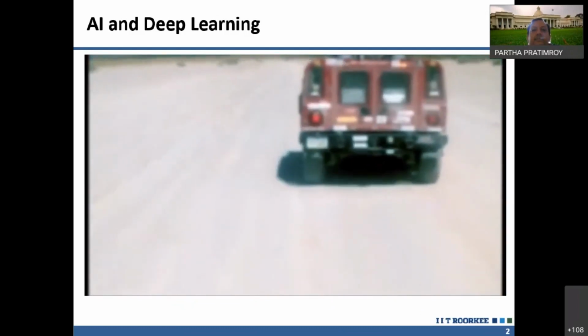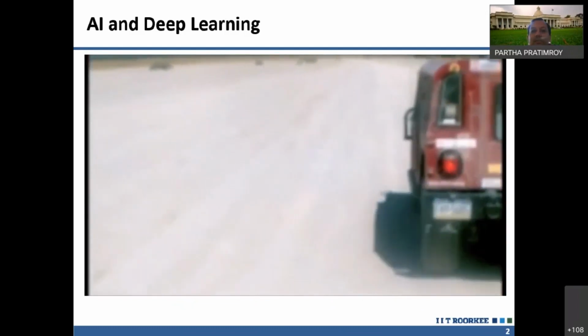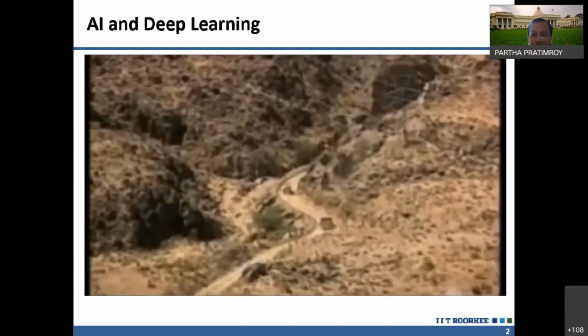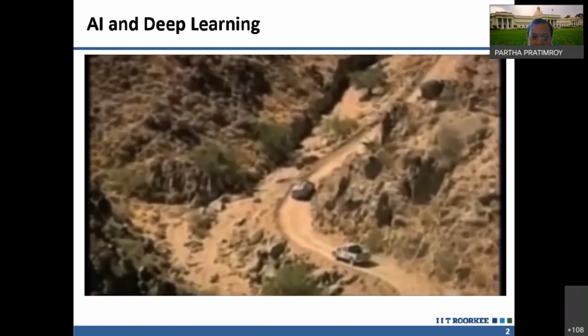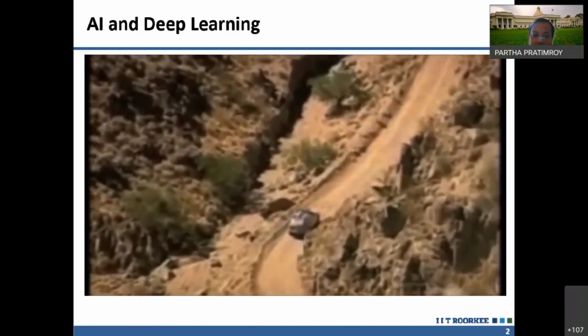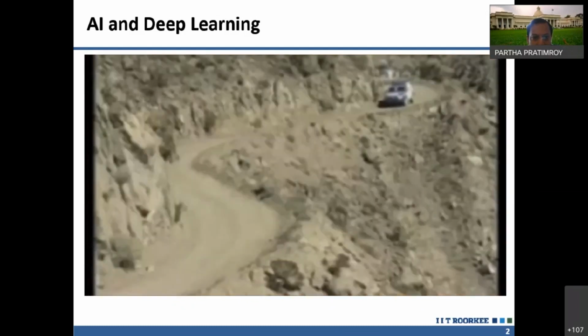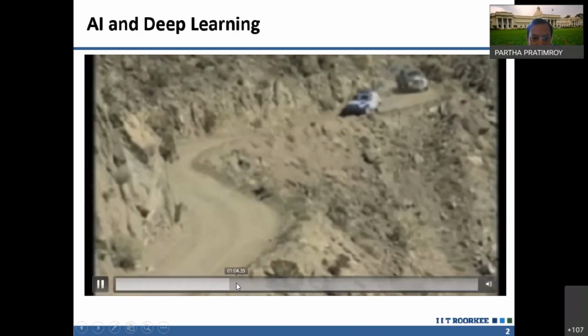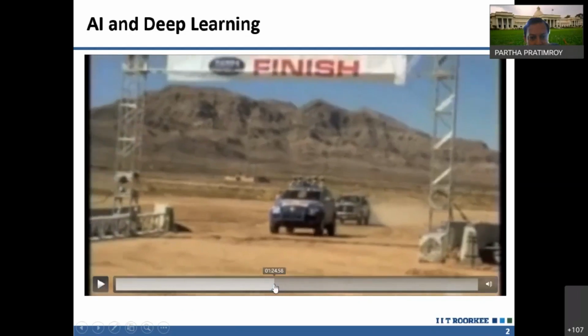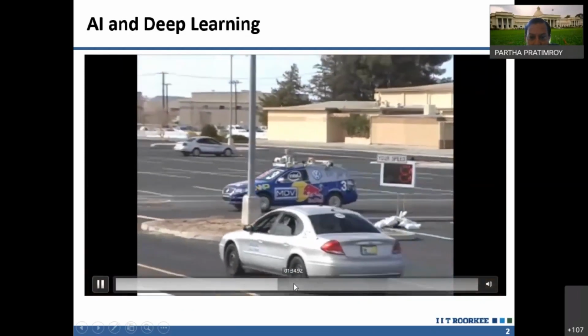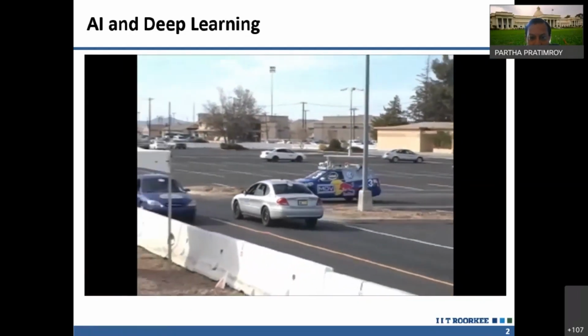You see that they are moving through different environments. It could be a hill area, rural, or urban, so you see different places.